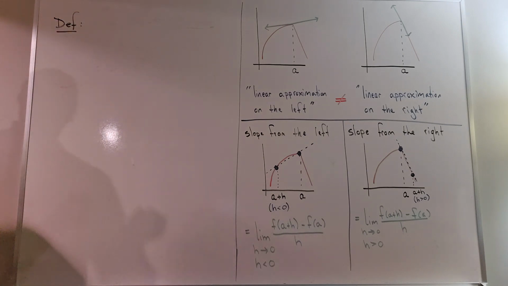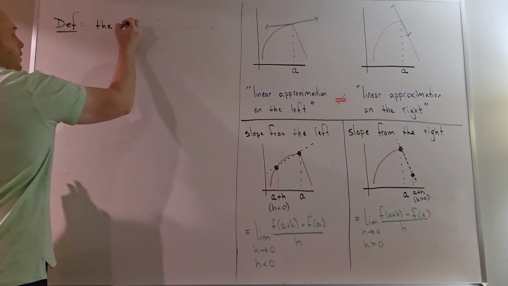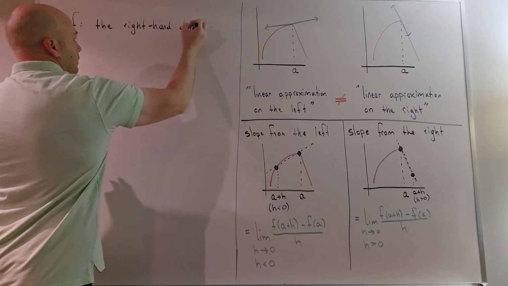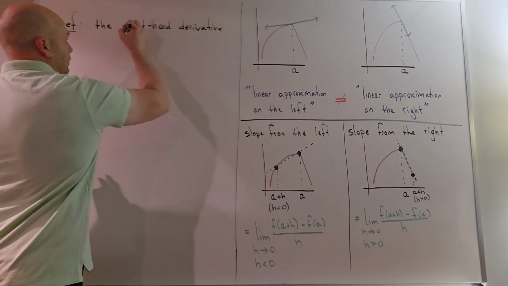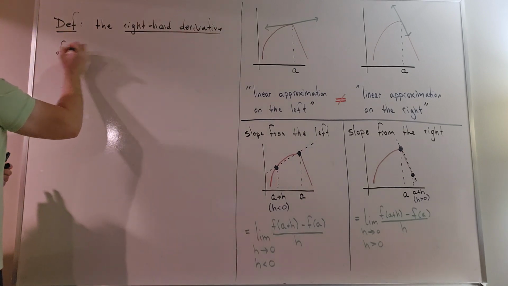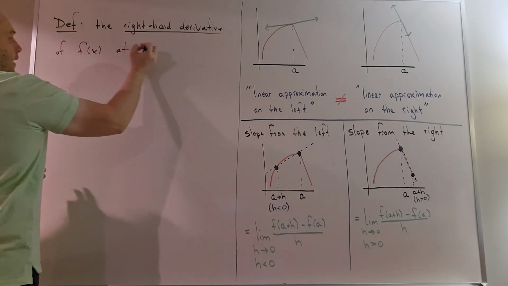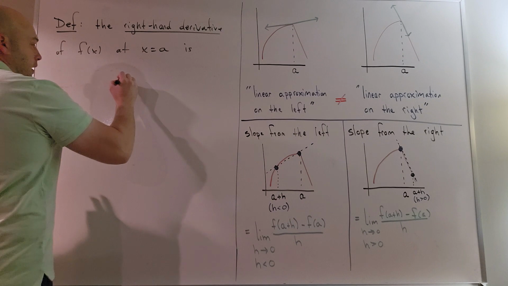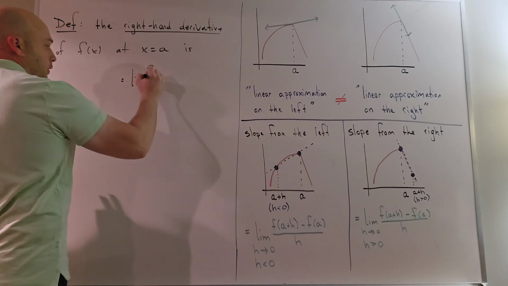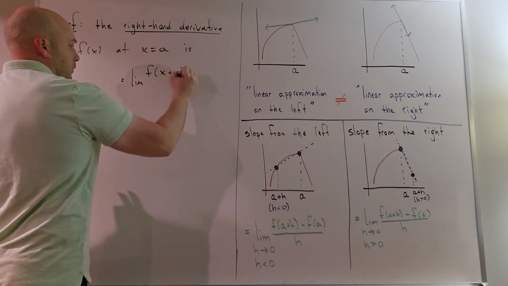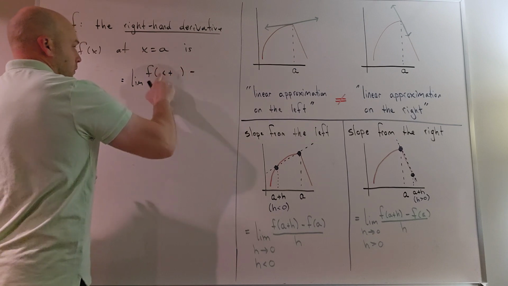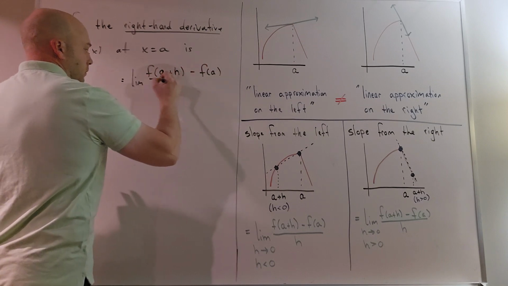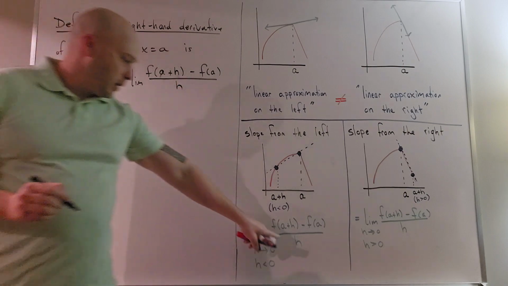Okay. Definition. The right-hand derivative of f of x at x equal to a is given by the following. It's equal to the limit of the difference quotient. So same thing we have here.